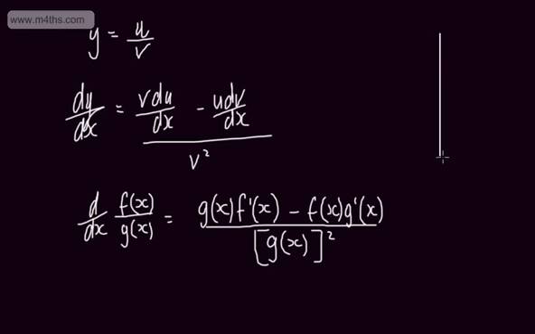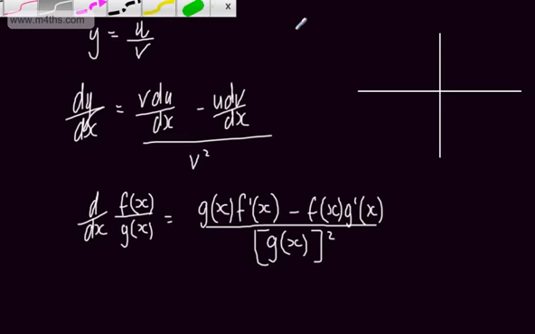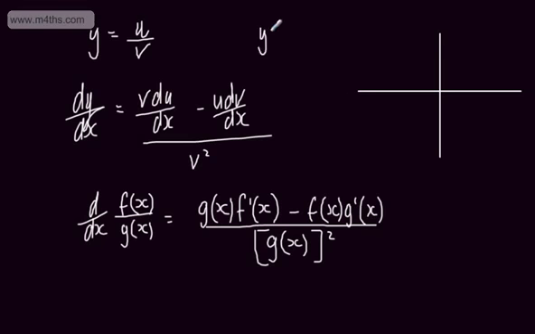Remember, with the product rule, and I'll just put it over here, when we had a product y is equal to uv, where u and v are both functions of x, we had u, we had du dx, we had v, and we had dv dx. And we multiplied v by du dx and added u multiplied by dv dx.